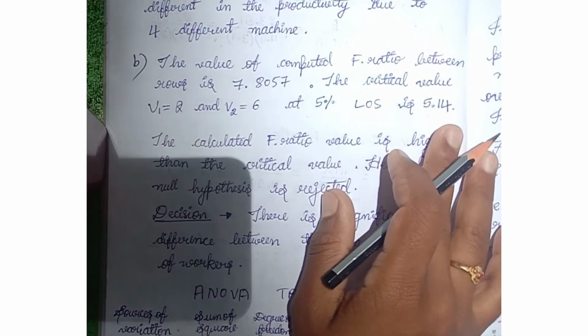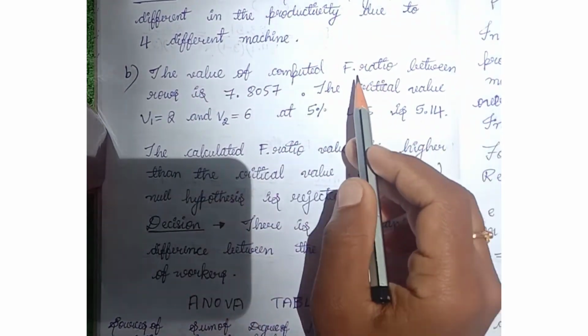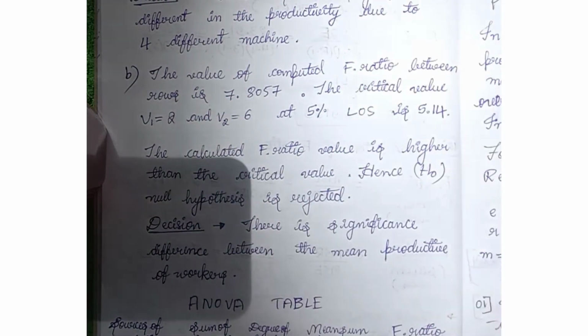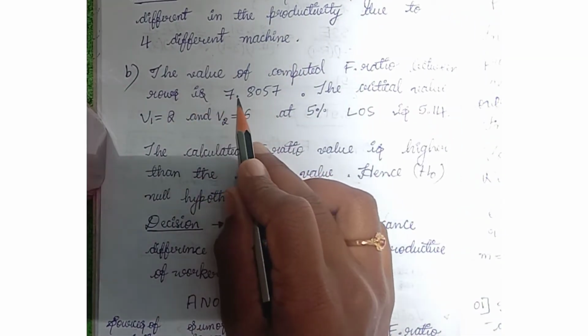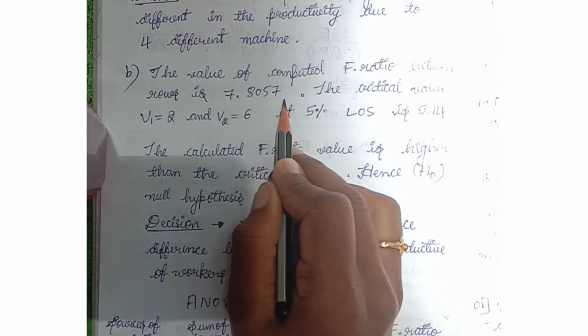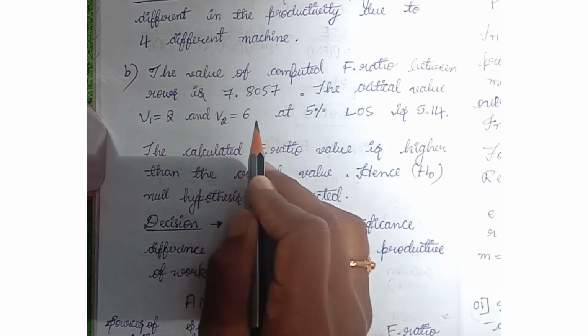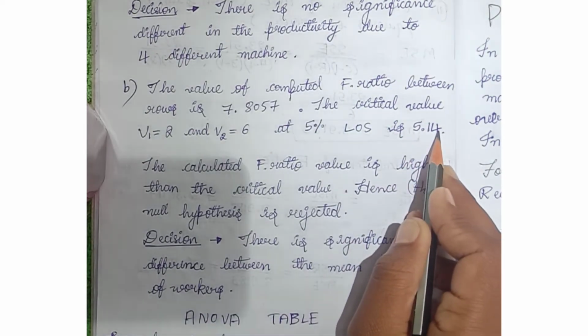Next for B, we'll write: the computed F ratio between the rows, and rows means workers, is 7.8057. The critical value at V1 equal to 2 and V2 equal to 6 at 5% level of significance is 5.14.